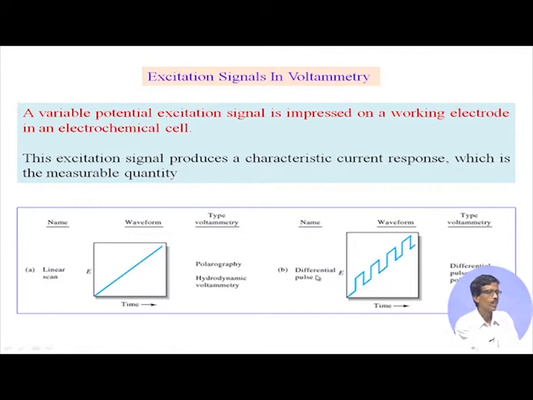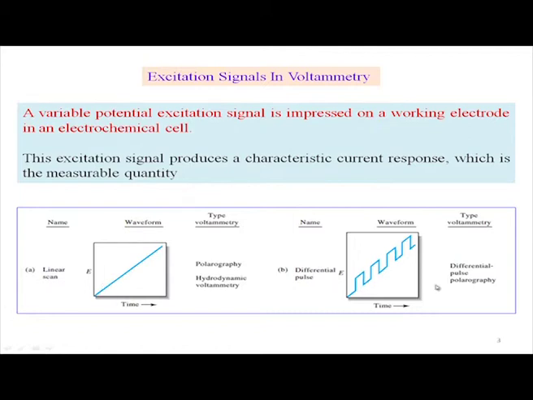If you have a differential pulse, that means the differential pulse is your corresponding delta E versus time, delta E delta t, so d by dt, in that form. It looks like this. At this point you have the corresponding pulse, and this is also linearly increasing, and when it comes back to this level it is also increasing linearly, but the waveform is a little bit different.